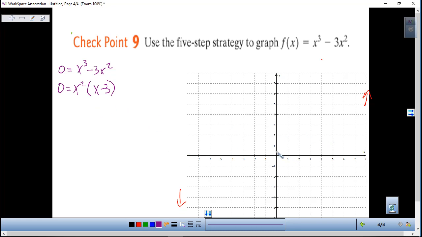So we can plot both these points. 1 right there, because it's a multiplicity 2, remember it's going to be what I call a bounce. It's going to come down and hit it and bounce back up, or it's going to come up from the bottom, hit it and bounce back down. Then we've got another one over here at 3. Now hopefully you can kind of visualize what's going to happen. If I'm coming from the bottom, which goes off to negative infinity over here, and I bounce at 0, it can't cross anywhere else other than these 2 points right here.